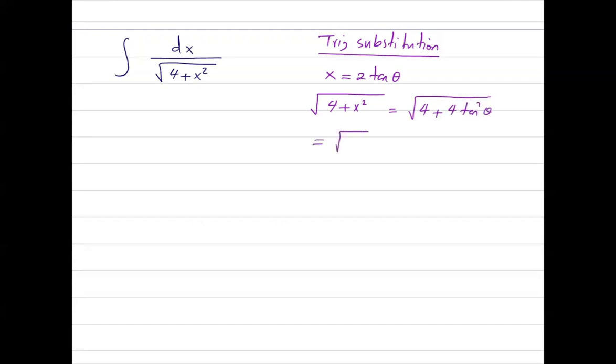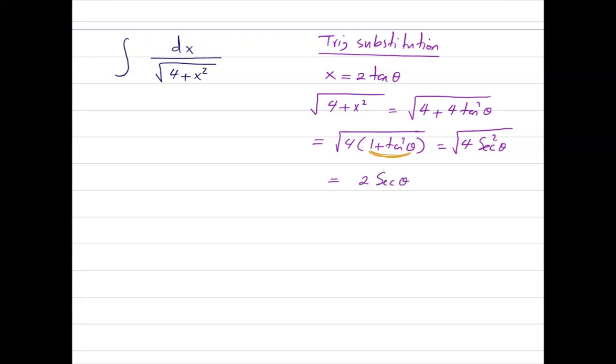I can factor out 4 and end up with 1 plus tangent squared of theta, which is familiar to me. I already know this is equal to secant squared. So this substitution helped me simplify my denominator to 4 times secant squared of theta, or 2 times secant of theta.